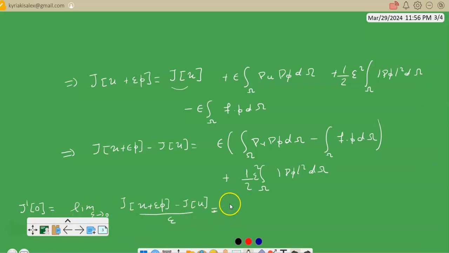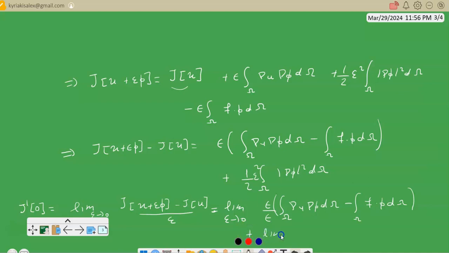We take this limit, and this can be evaluated easily. We have epsilon over epsilon integral omega grad u grad phi d omega minus the integral over omega f times phi d omega.